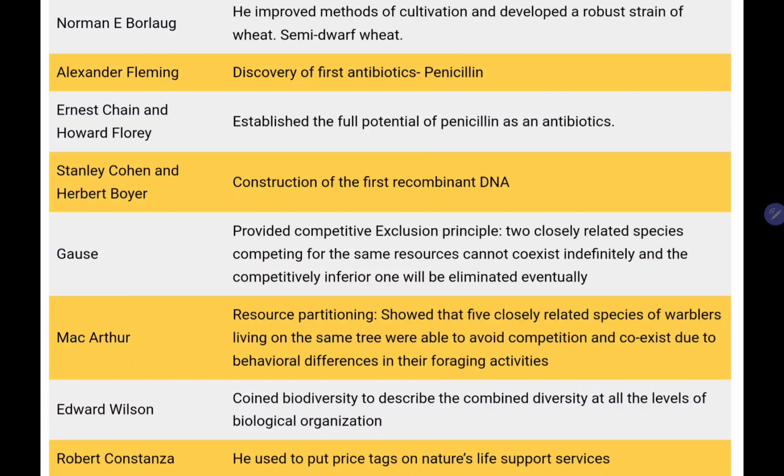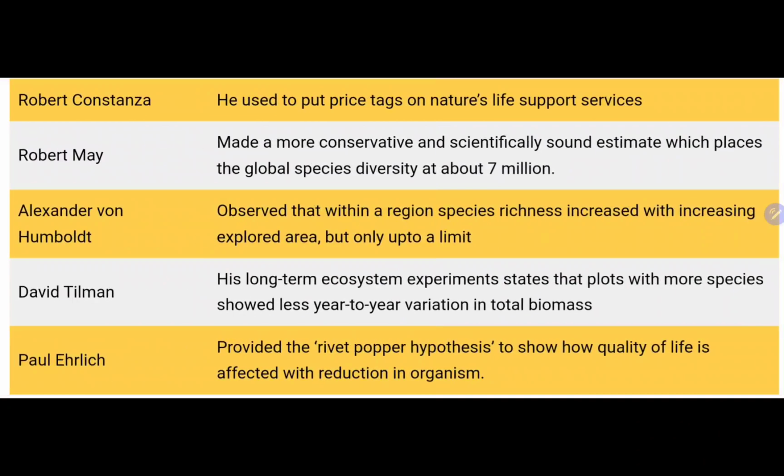Edward Wilson coined the term biodiversity to describe the combined diversity at all levels of biological organization. Robert Costanza put a price tag on nature's life support services. Robert May made a more conservative and scientifically sound estimate, which places the total global species at around 7 million.